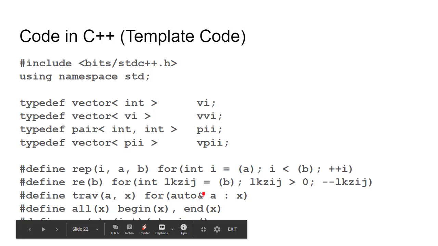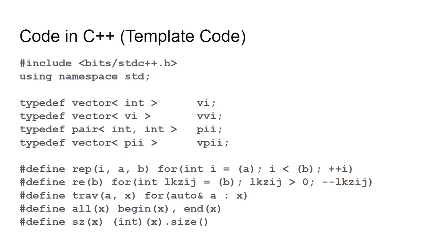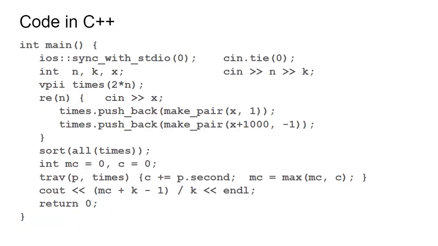And this ampersand is a reference, so we're not actually making a copy of each element in X into A. A literally just refers to each of the elements in X. And the macro all(X) just means from begin(X) to end(X). We're going to see a usage of this in the code. And size is just shorthand to get the size of a collection.